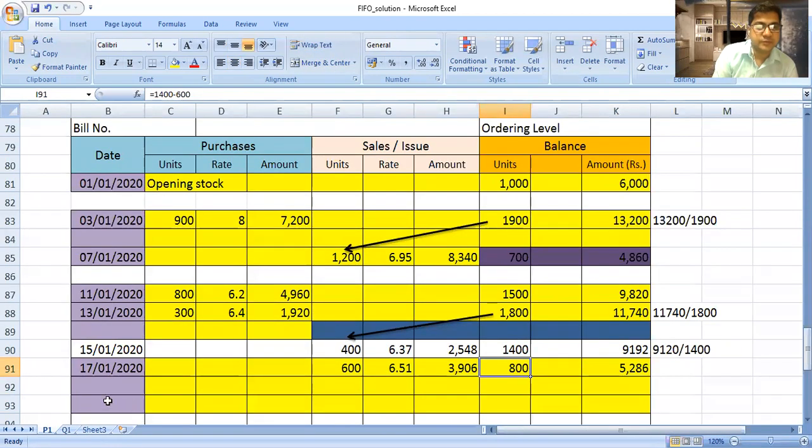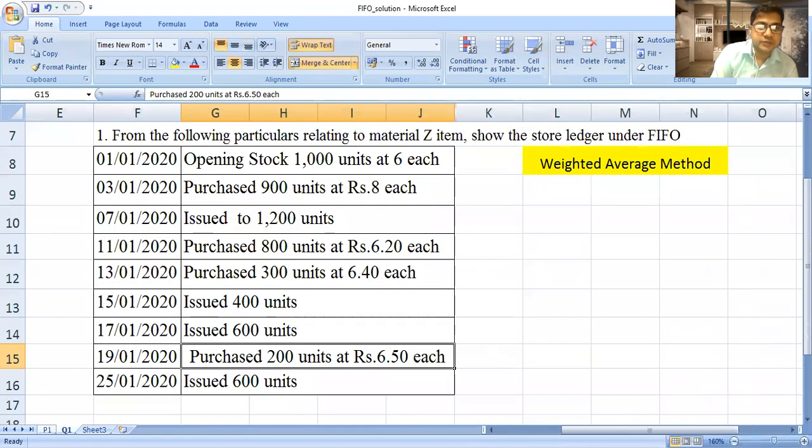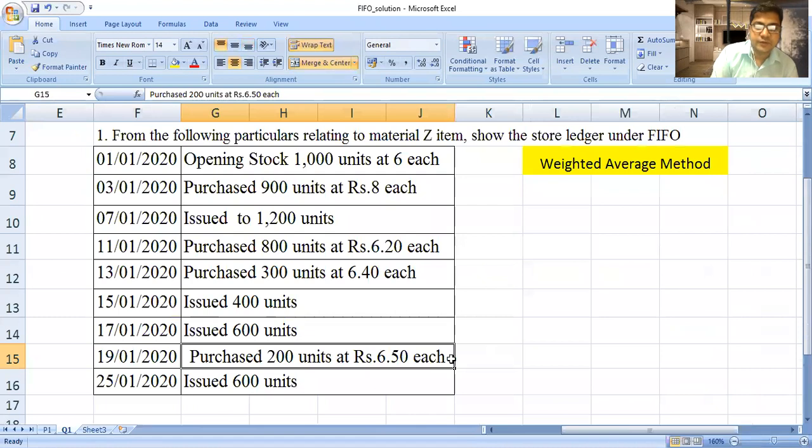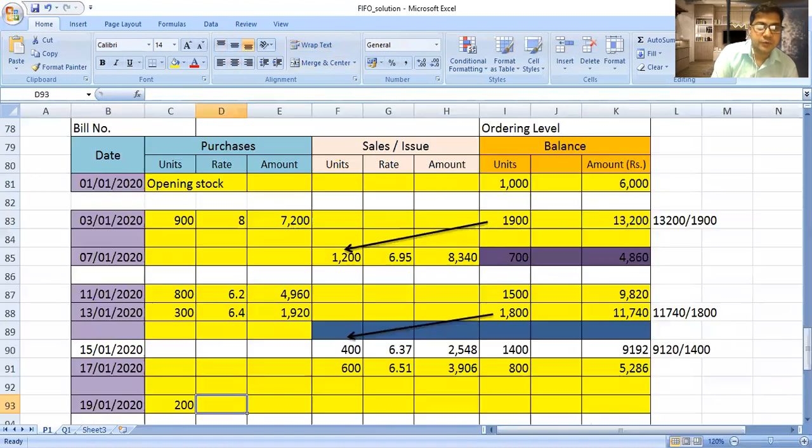We will write here 19th January 2020. Again they purchase 200 units. Their rate is 6.50. We have to consider 6.50.